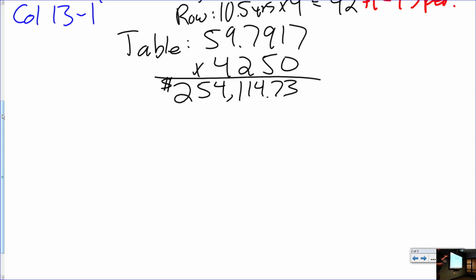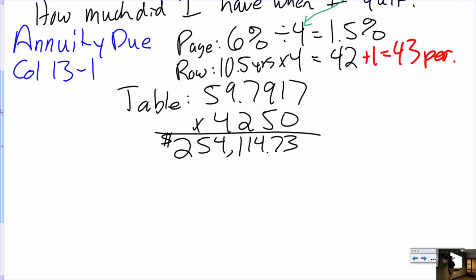And then what do I have to do at the very end? Minus. Yeah, don't forget that since you're in the annuity due situation, you added an extra period, but I did not get to invest an extra period, so make sure that you don't forget to do the correction at the end, right?